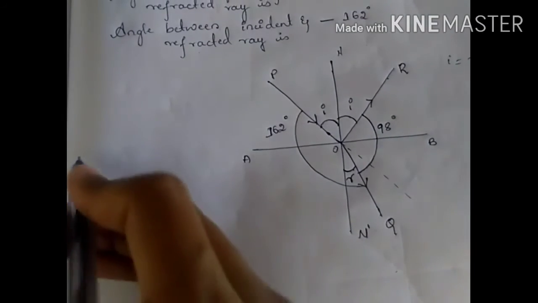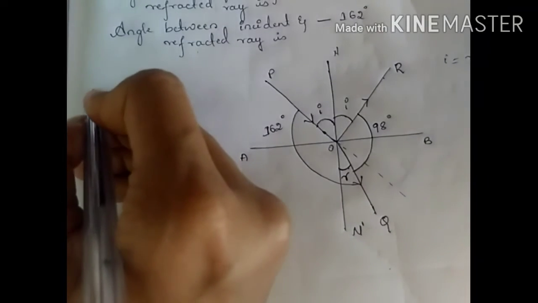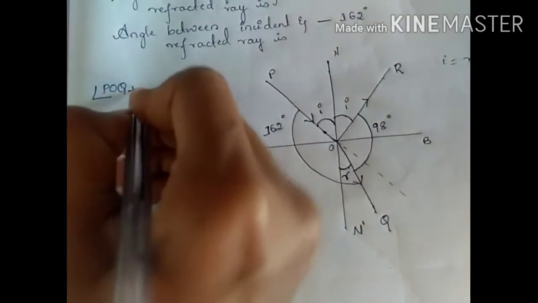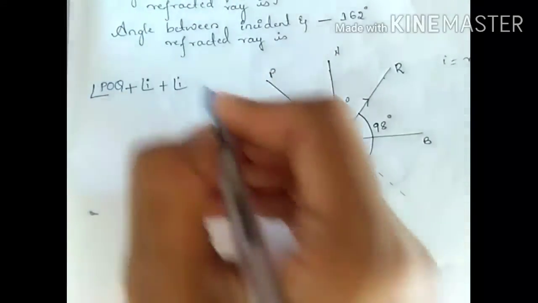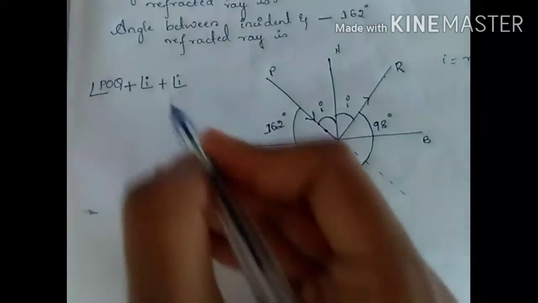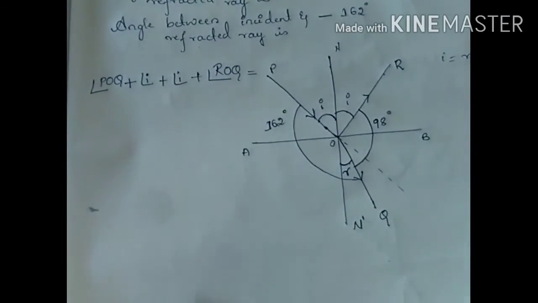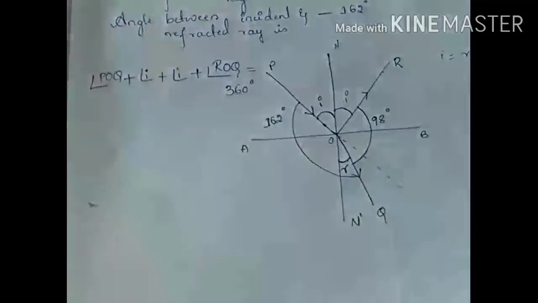If you write the overall angle, angle POQ plus angle I plus angle I plus angle ROQ, then that should be equal to 360 degrees.